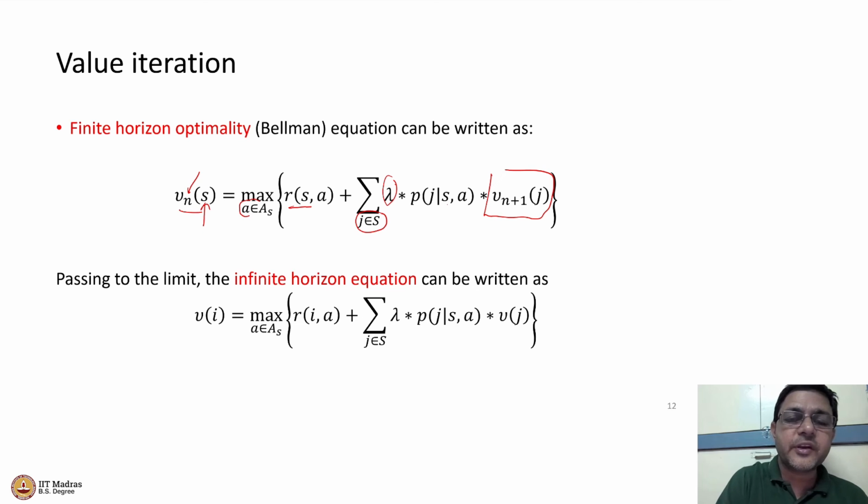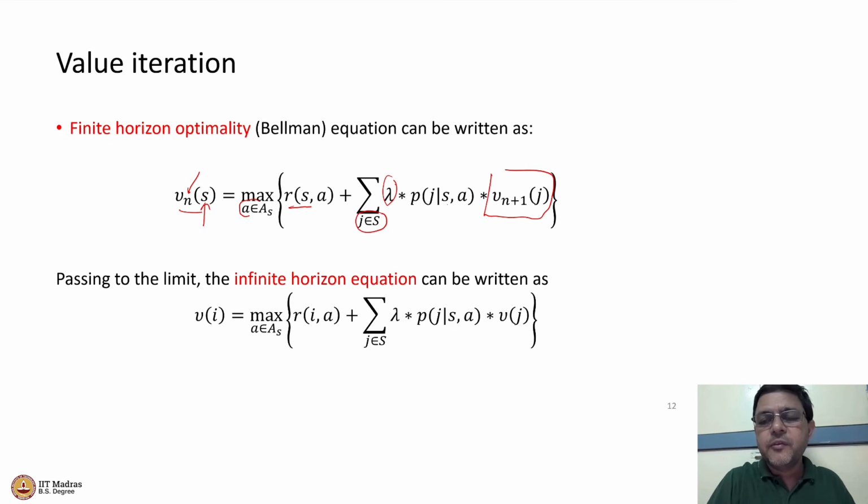And remember, since it's an infinite time horizon problem, the future that is visible from today onwards will be very similar to the future that is visible from tomorrow onwards, because it's infinity, right? So we drop the subscript n plus 1, we drop the subscript n, and we only say that the value today of being in state I is Vi, and the value tomorrow will be Vj, because we are in state J. So I'm taking an expectation over all the possible states that I may end up in tomorrow onwards, right?